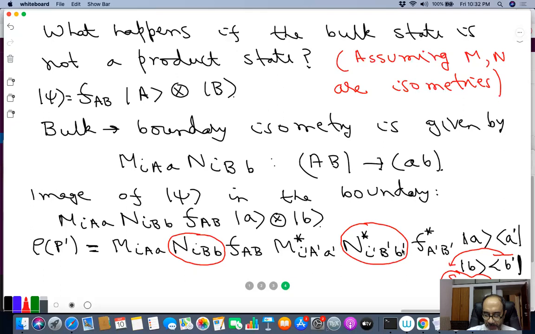Delta B prime sets B prime equal to B. You have sum over B, and then because if it's an isometry, this is N dagger N is identity. So this product basically becomes delta I prime, delta B prime. Is this clear?